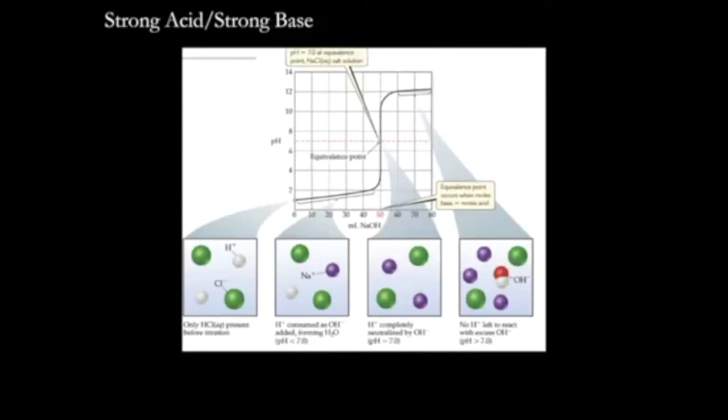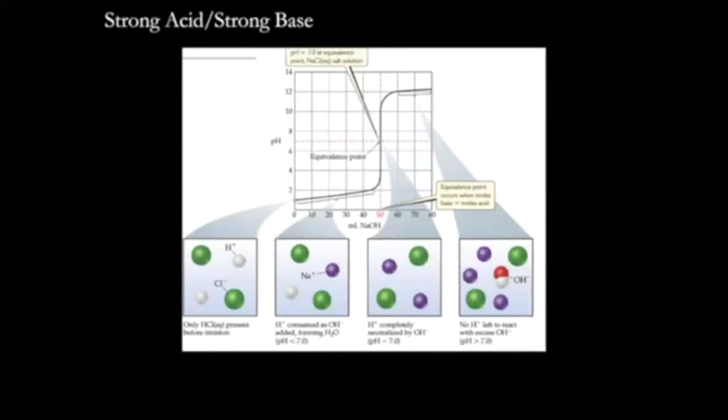As I move along to the right on the x-axis, I'm adding NaOH. As expected, the concentration of my hydrochloric acid is going to decrease, which means my pH is going to increase. I have more and more NaOH, which means I have less and less HCl.